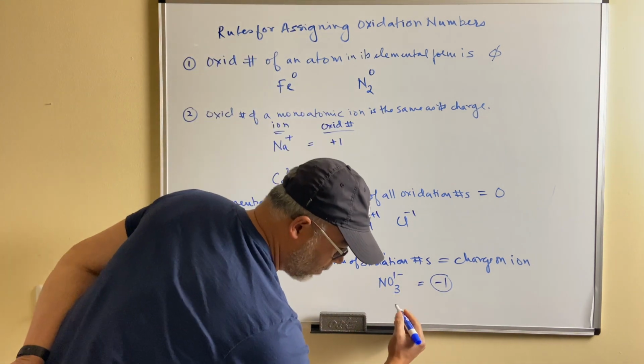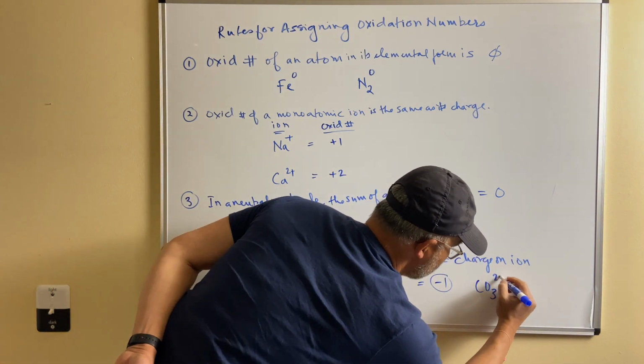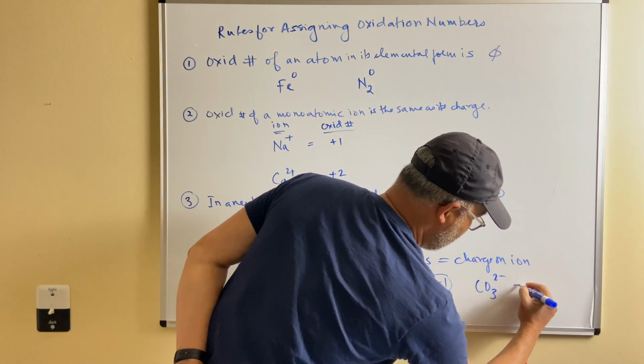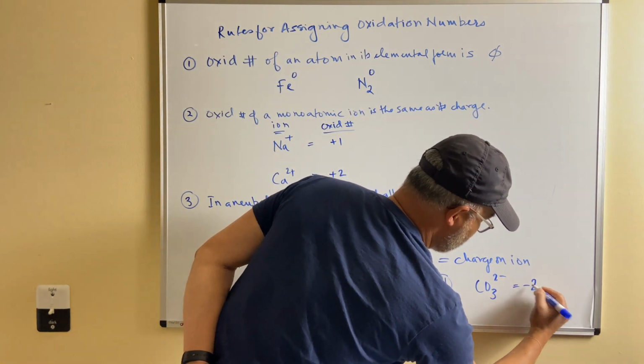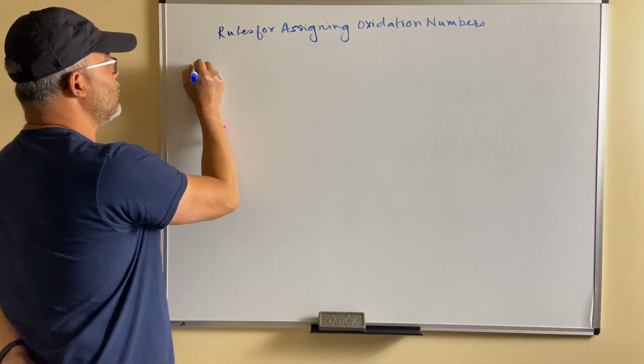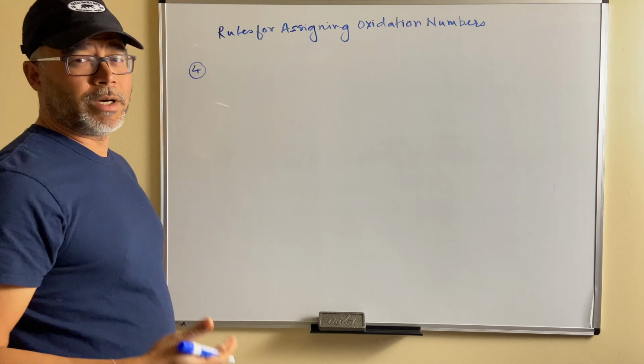Another example would be CO3 2-. Guess what the oxidation number is going to be? It's going to be -2.